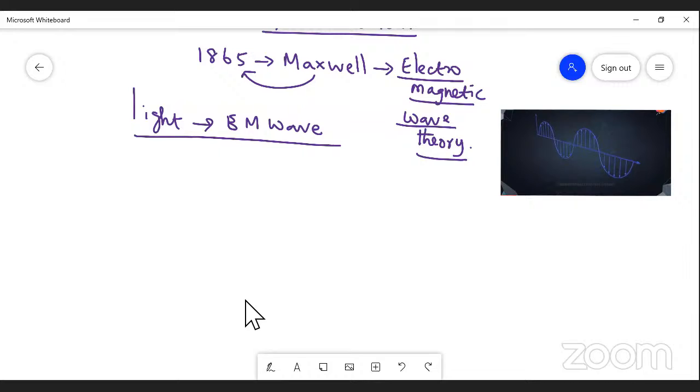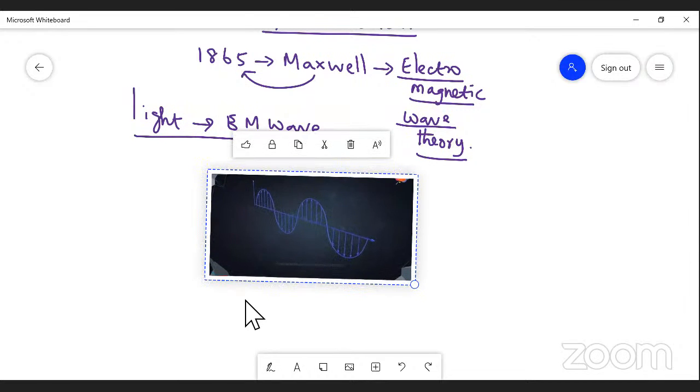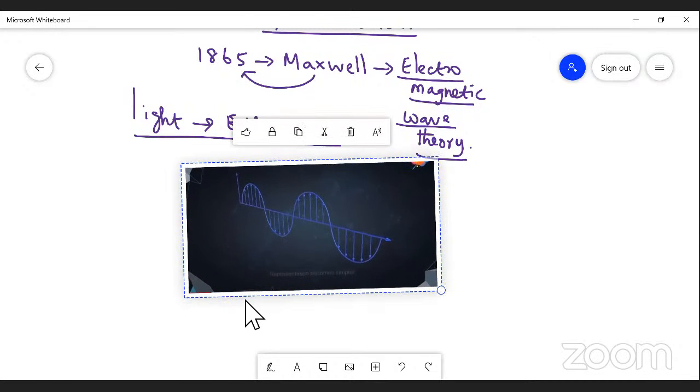Suppose if we neglect the vibrations of the magnetic field in the light wave like this, the light wave looks like a transverse wave.